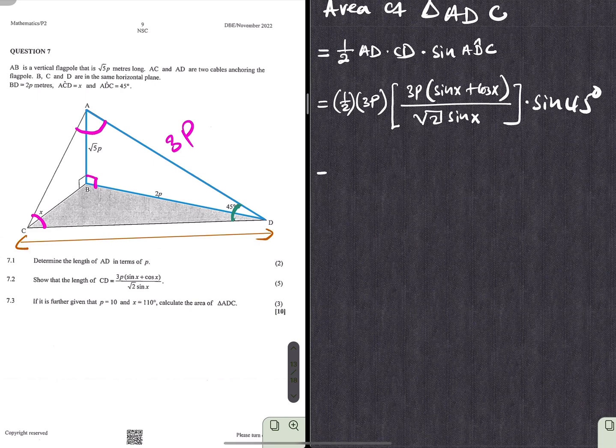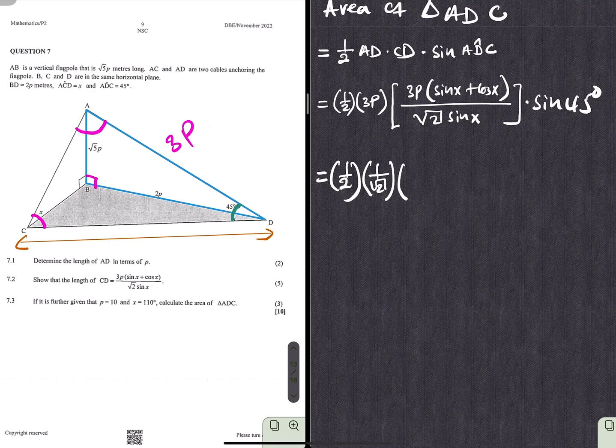Let's take it out now, to say we have 1 over 2 multiplied by, what I can do now is to say that this 1 over root 2, I can just bring it here, to say that is 1 over root 2 multiplied by 3P times 3P.